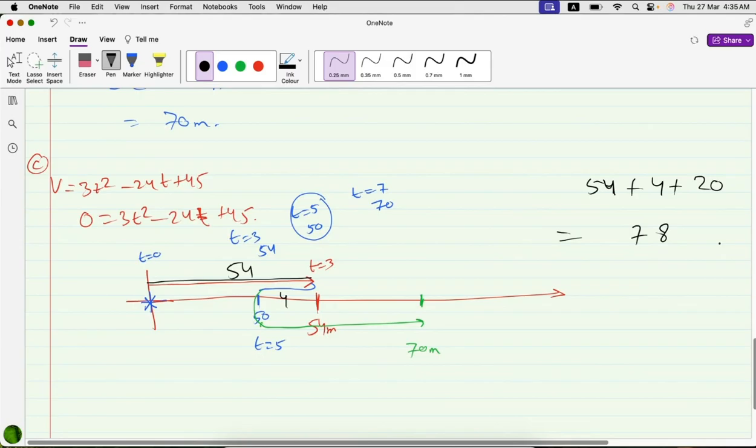It already went back to 50 from time 3 to time 5.